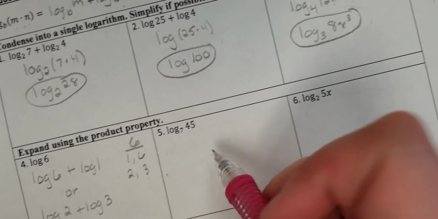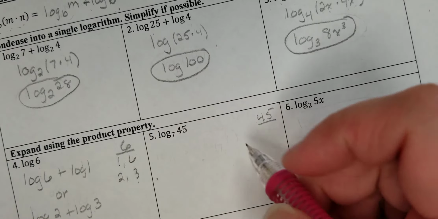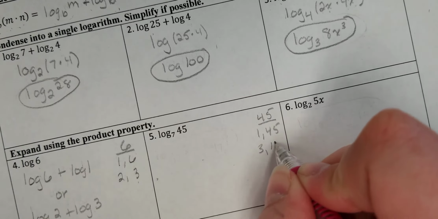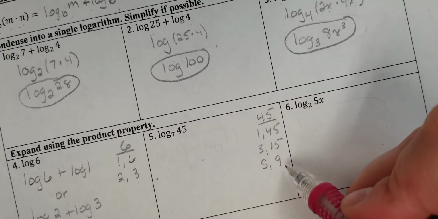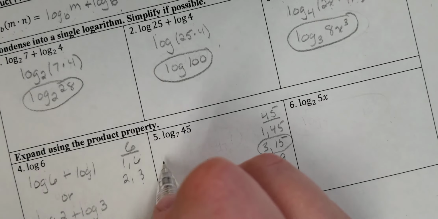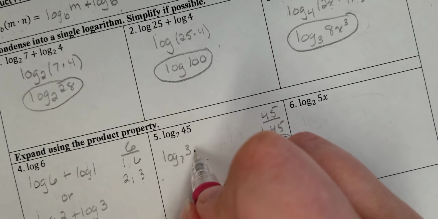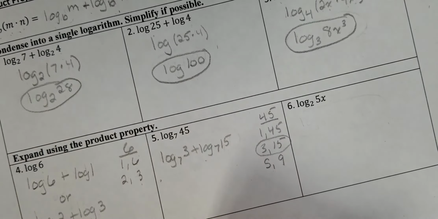So for number 5, the factors of 45, there's 1 and 45, 3 and 15, and 5 and 9. And we can pick any pair. I'm going to choose 3 and 15, and it becomes log base 7 of 3 plus log base 7 of 15.